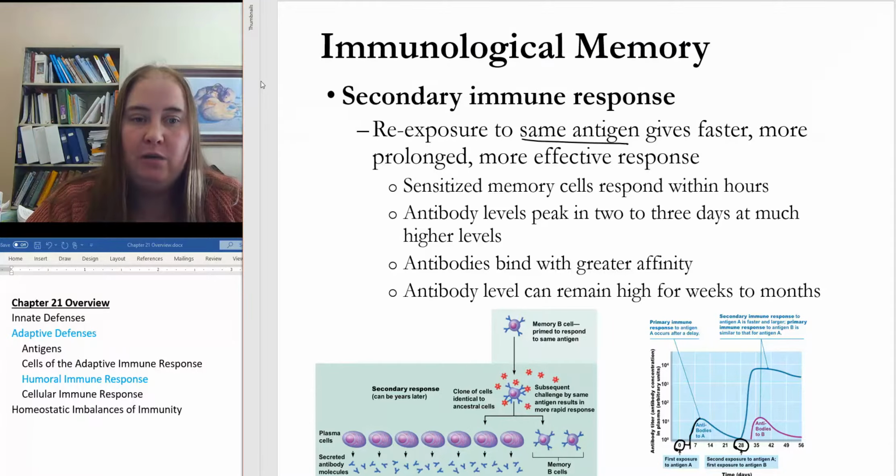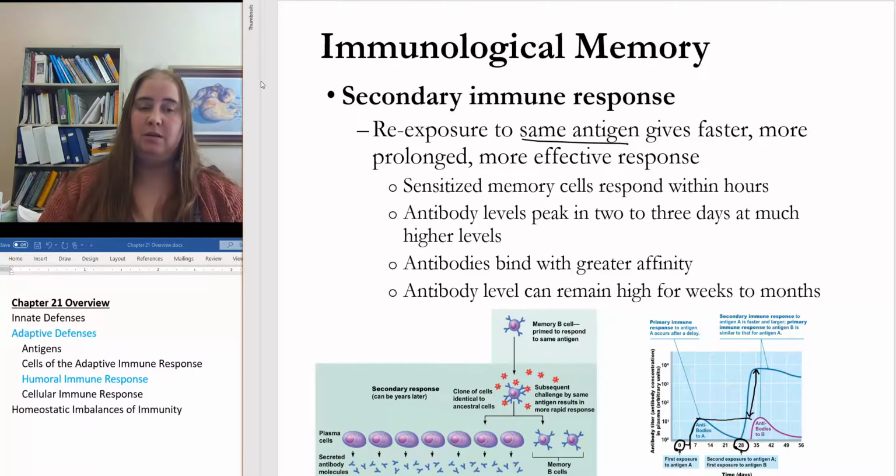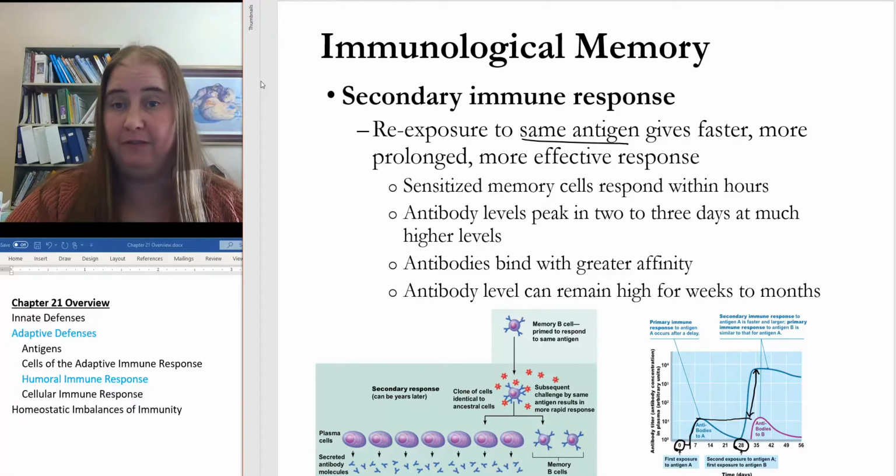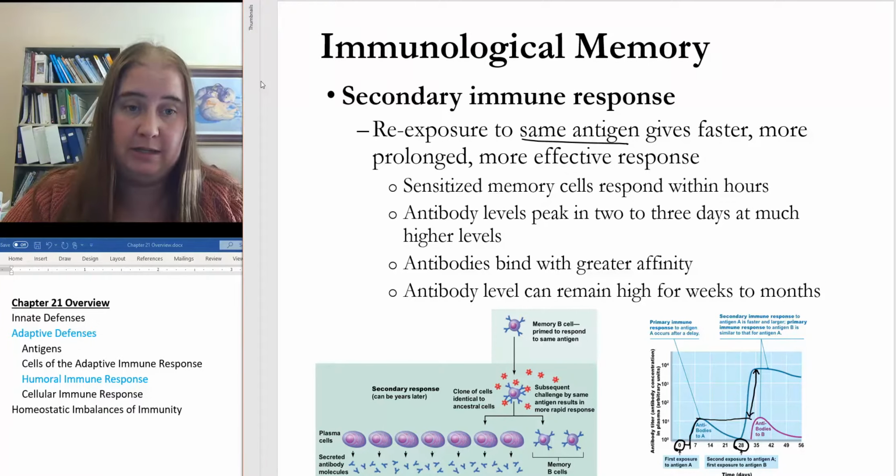And not only are you producing antibodies, within a few days, you're producing I don't even know how many times more antibodies than you did the first time around. So these antibody levels can actually remain high for weeks to months after an infection, to combat that infection from trying to come back again.